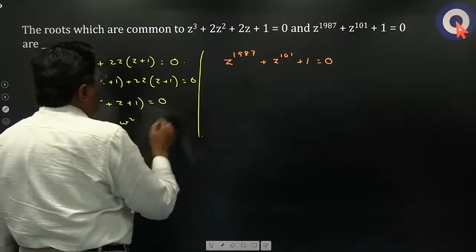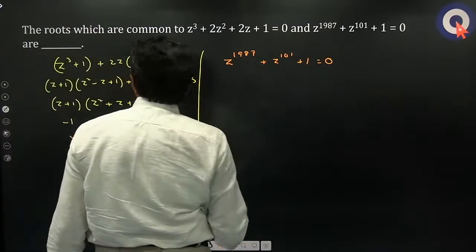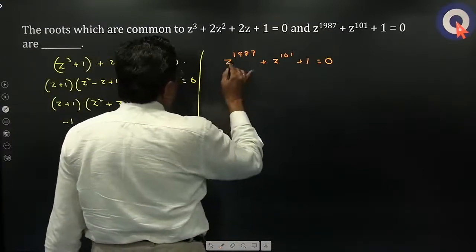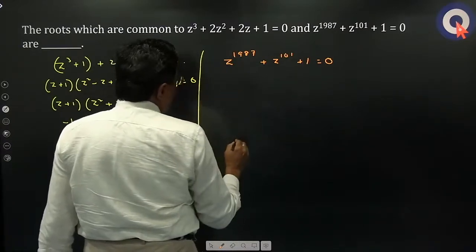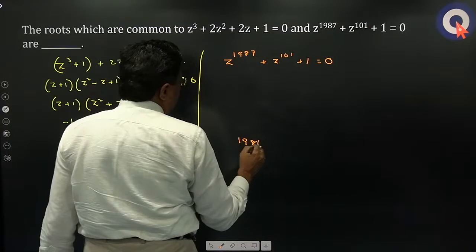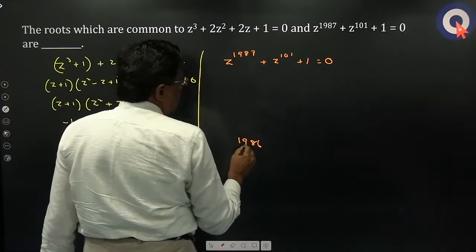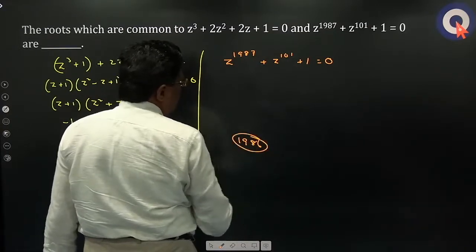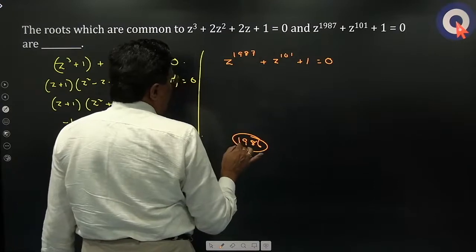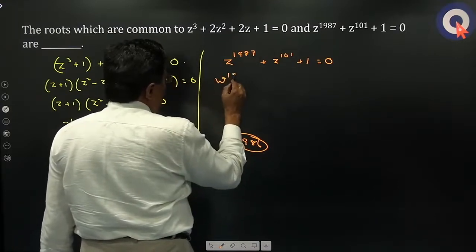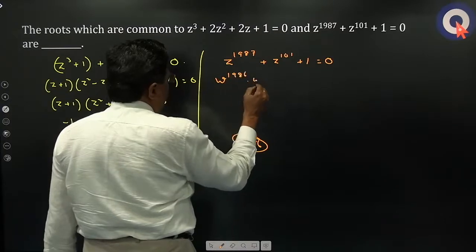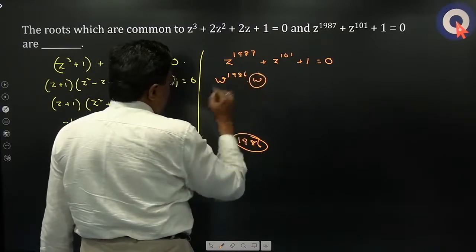If I put omega, which is a complex cube root of unity, what happens is 1986 is divisible by 3. So therefore you get omega to the power of 1986 into omega, like that you get. So what you get is omega here.